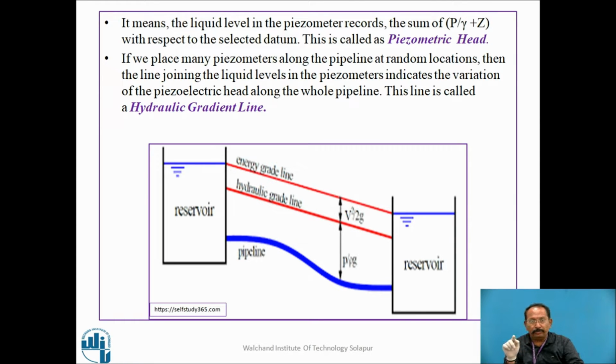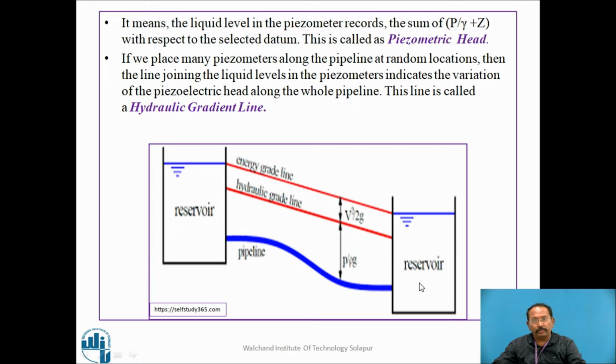We join these levels with the given pressure head, that is a hydraulic gradient line. So hydraulic gradient line is, you can say, the addition of pressure head plus static head. Now just see here, the topmost line is the energy gradient line, or we can say it is the total energy line, and in between this the head is V square upon 2G, which is the velocity head.